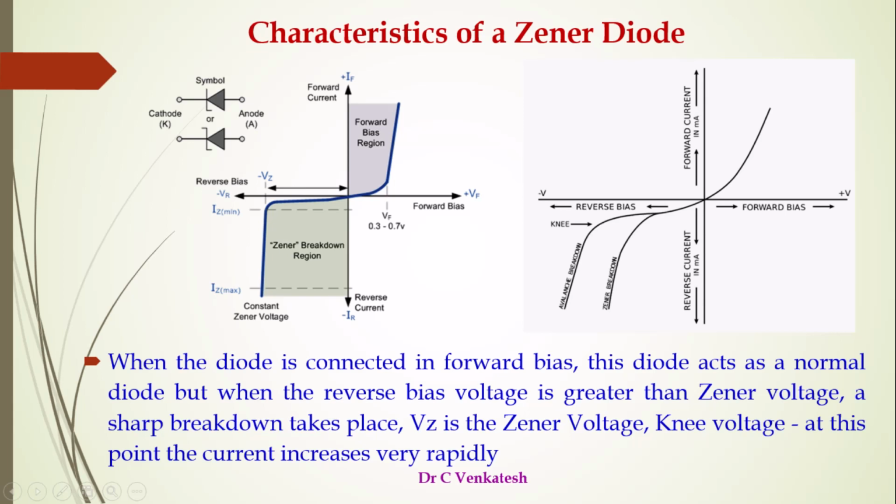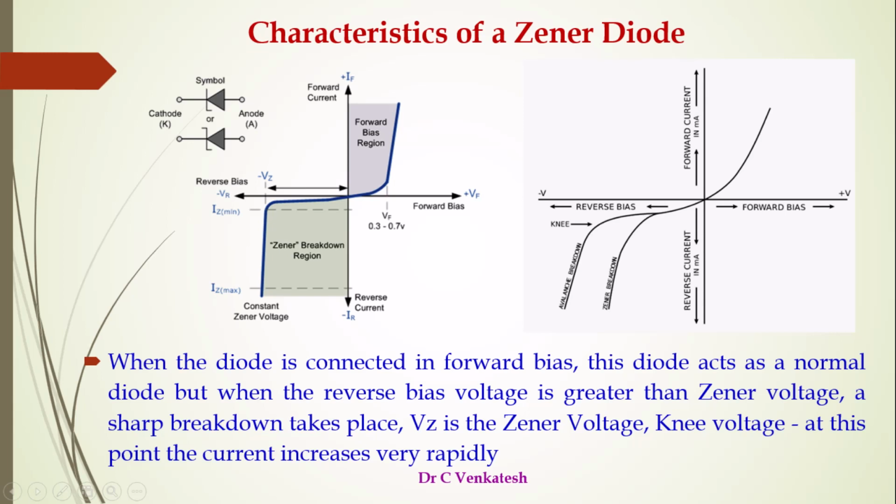In the reverse bias condition, that is the reverse characteristics, a curve between reverse current and reverse voltage, that is VR versus IR. In the reverse bias, as the source voltage increases, the current is due to the minority carriers, so a very minimum current flows through the device.